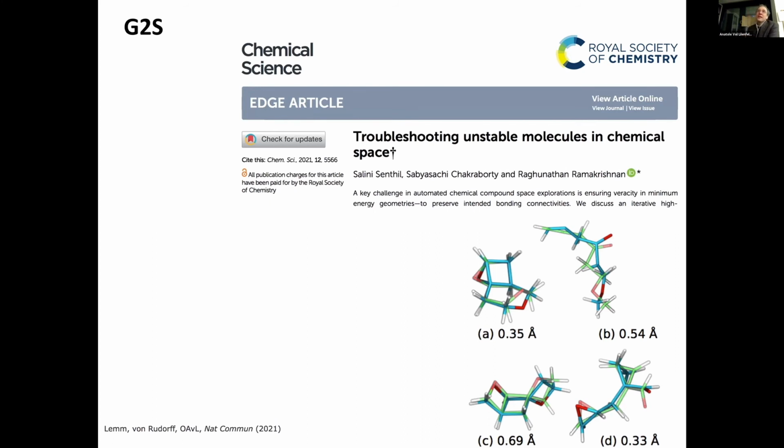These were sort of unstable molecules which would dissociate, and we didn't get them to converge. My postdoc at the time, Raghunathan Ramakrishnan, who is now a professor in India, just published this paper here in Chemical Science where they troubleshot these difficult molecules. And we also then in our structure prediction paper wanted to see if we can tackle these compounds with the machine learning model.